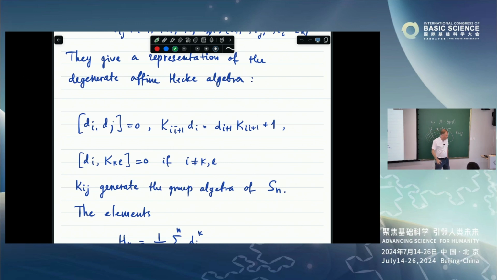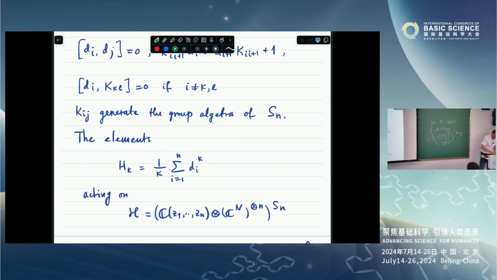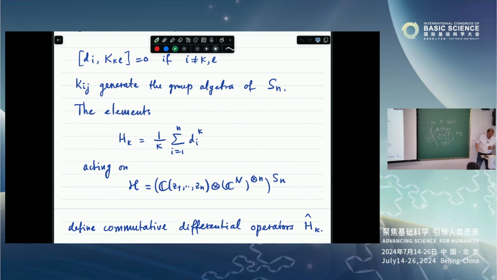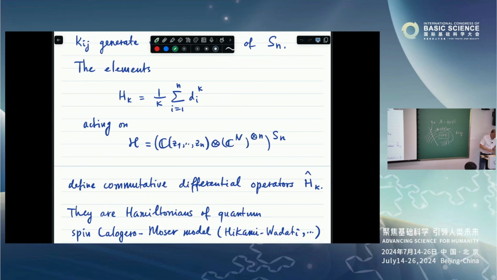So K gives the action of the symmetric group. So then we have the elementary symmetric functions, power functions, and because these are acting on this space, we can consider the action of these operators on another space.